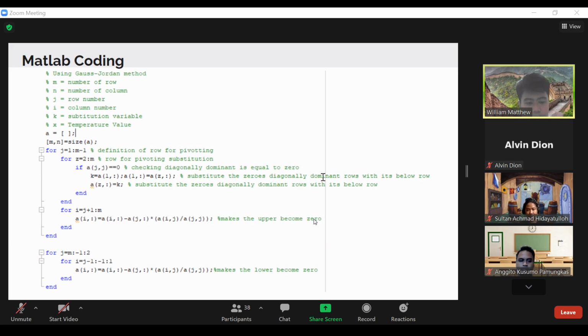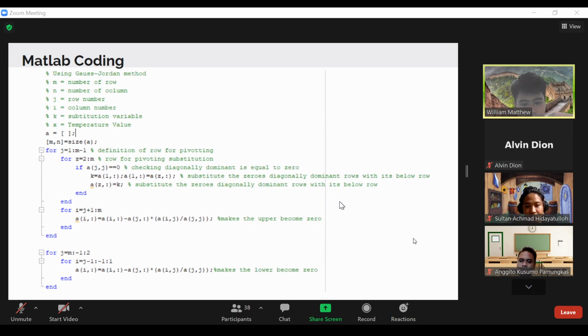That's why here is k equals 1 comma double dot. It means that the first row will be substituted with the other rows below the first row, and that will continue the iteration.